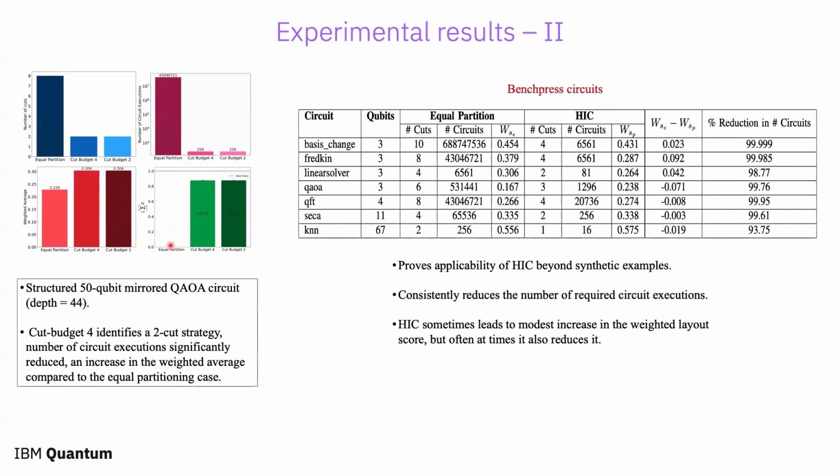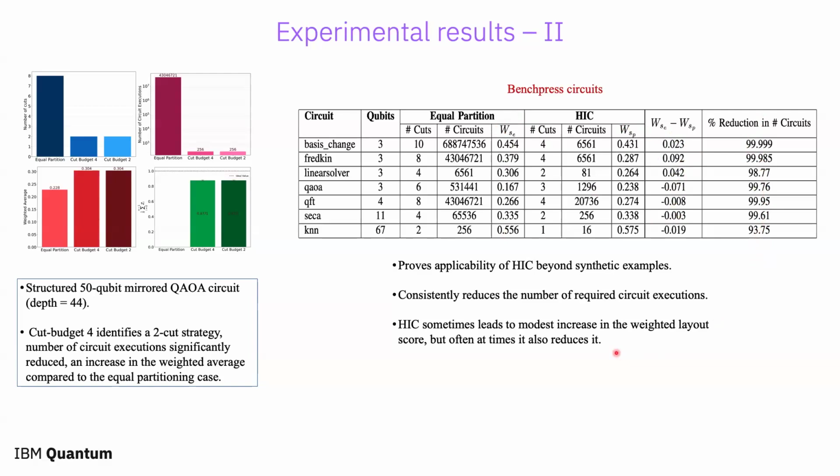And we tested this for these Benchpress circuits, the one I talked about before also. And we showed that if you take average score for equal partitioning versus hardware inspired cutting, you see very negligible change in many of these circuits. And the reduction in the number of circuit executions is unbelievably good. I mean, 99% reduction, 93% reduction.